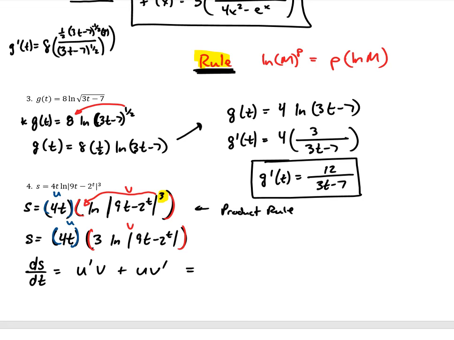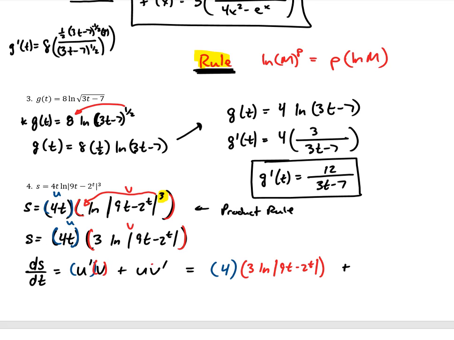Let's put this horizontal since I might run out of room. Our u stuff, I'm going to keep in blue. The derivative of u is 4. And then v we could just rewrite: 3 natural log of the absolute value of 9t minus 2 to the t.